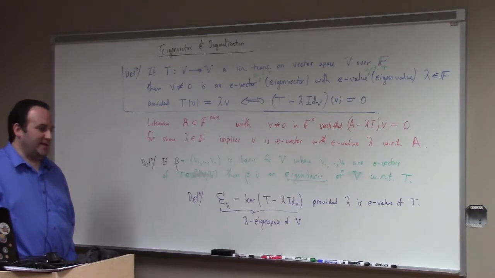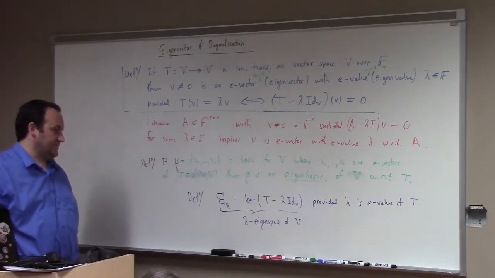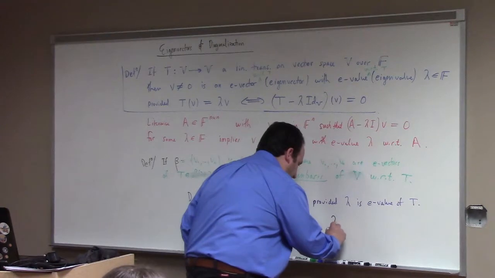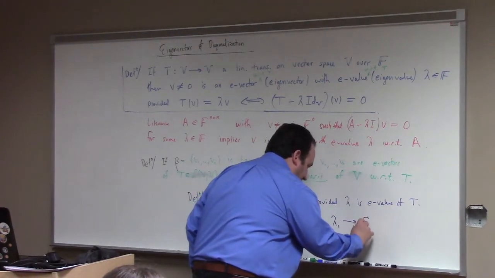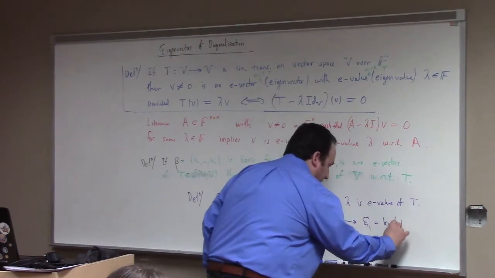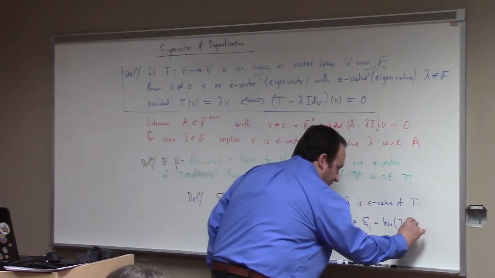But if the eigenvalue is simple enough, we might actually use the value itself as a label for the eigenspace. Otherwise, for lambda 1, we say E1 is the kernel of T minus lambda 1.